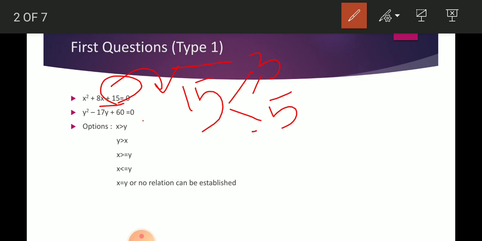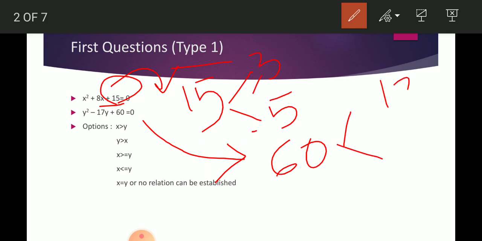Now let's come to our y values. In this case the product is 60. If we break 60 we will get 12 and 5. Sign before 60 is positive. If we add 12 and 5 we will get 17, so it satisfies our condition. Since the sign before 17 is negative, the higher value, that is 12, contains the sign opposite to that, that is positive.